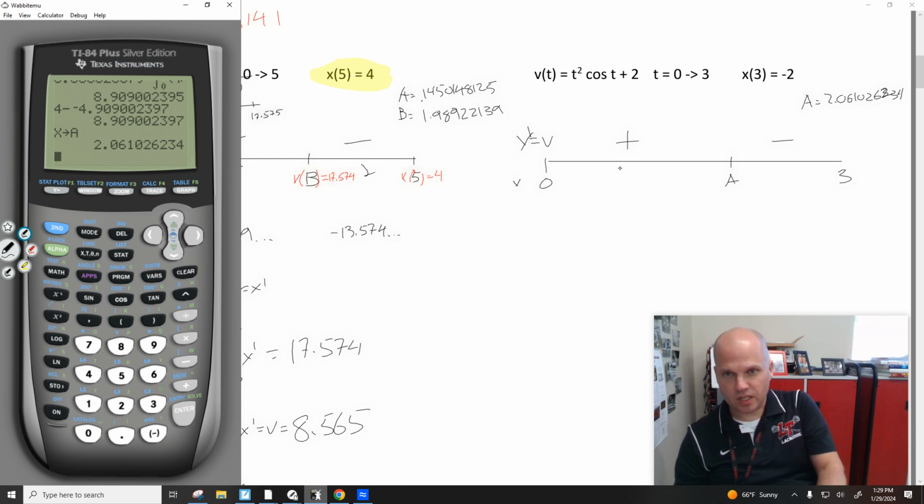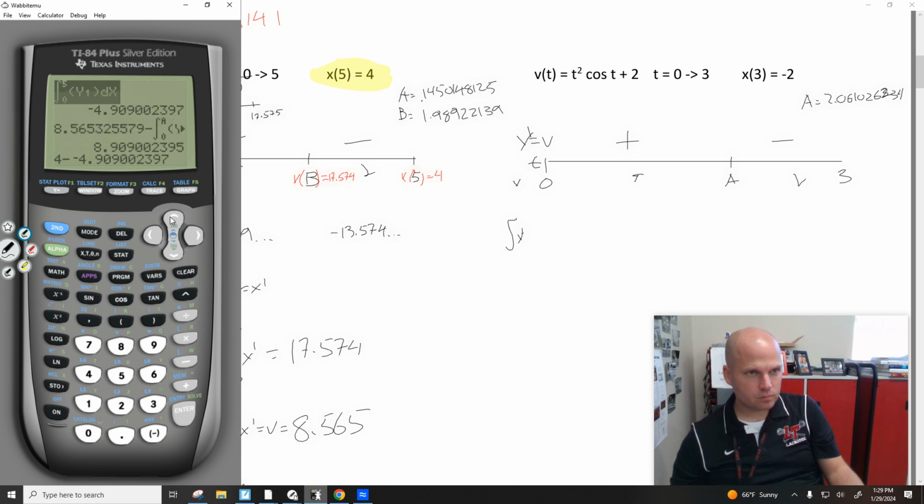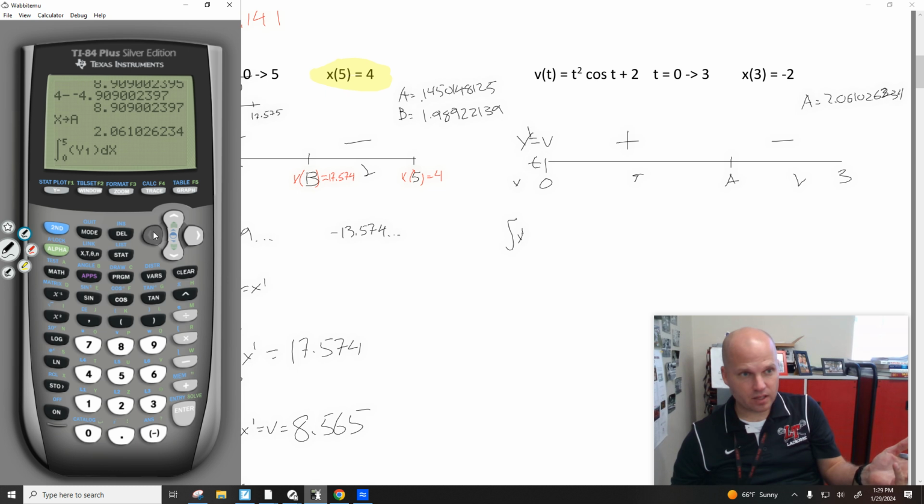My position increases, then decreases. These are times. My area under my derivative from 0 to A. If you already have it, Y1's now changed. So this is going to be all different.